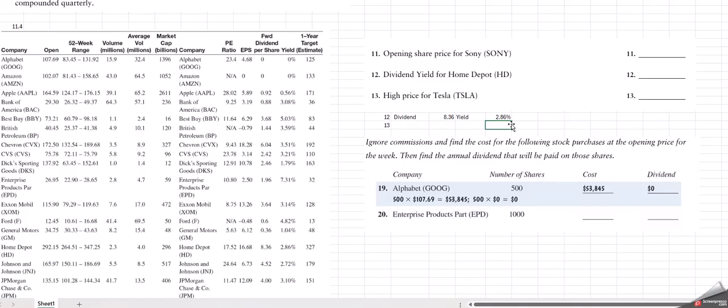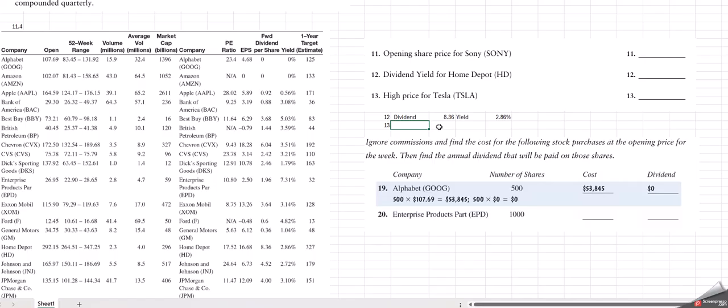So 8.36 divided by 292.15, yeah, that's how it's calculated. Okay, so in this case, the dividend is fine. Be careful sometimes with the homework though. They give you a quarterly dividend instead of an annual dividend, but this one works out to be the correct number, so it is the annual.